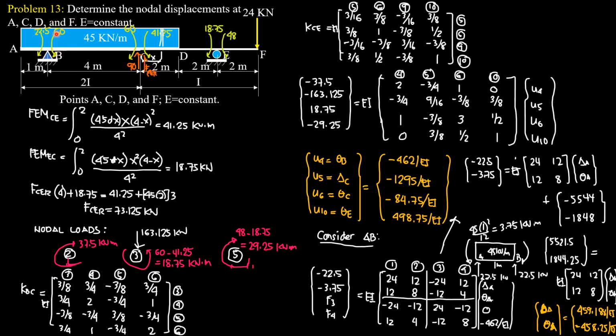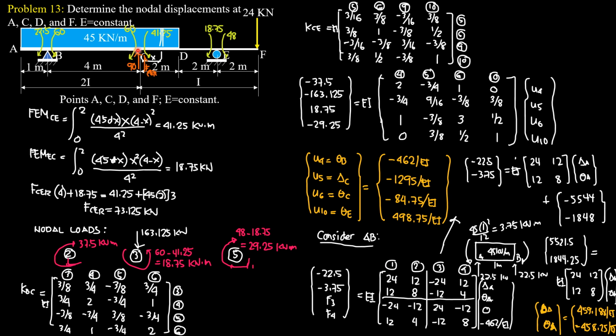That's the net fixed end moment at B. And the nodal load would be opposite to that. So that's why we have 37.5 clockwise, opposite to 37.5 kilonewton meter counterclockwise at B. And this 37.5 is negative because it is clockwise. Remember, counterclockwise is positive universally.